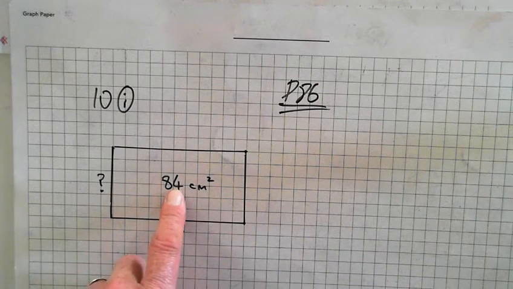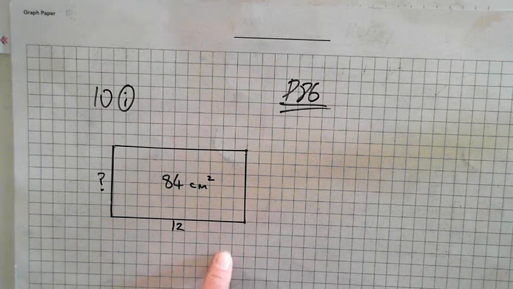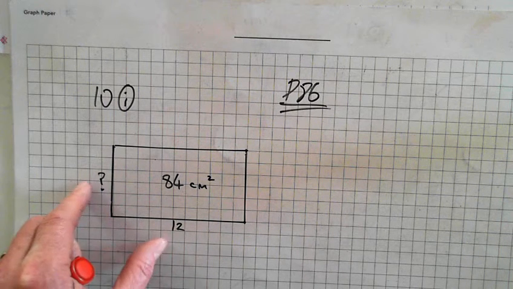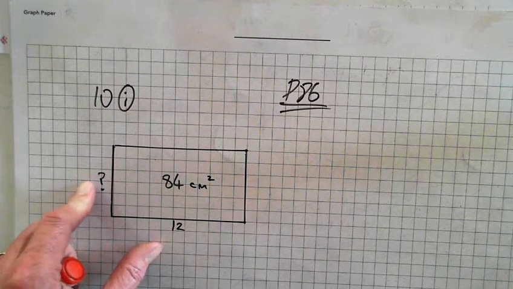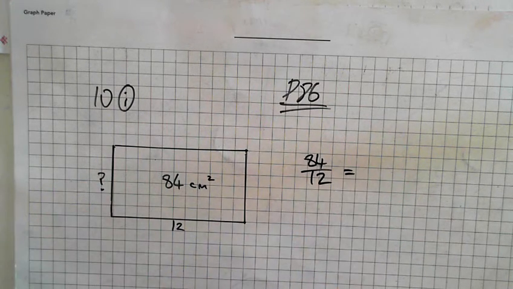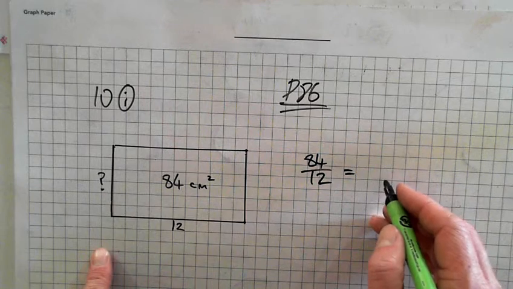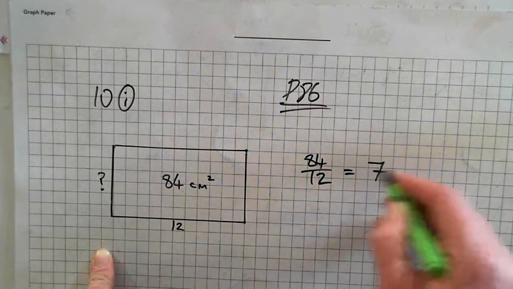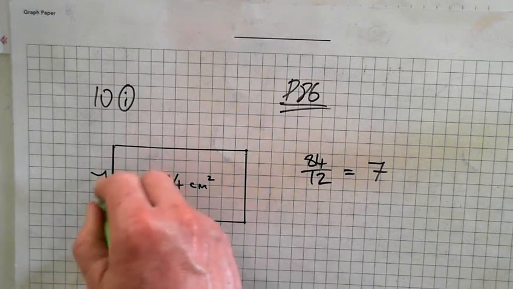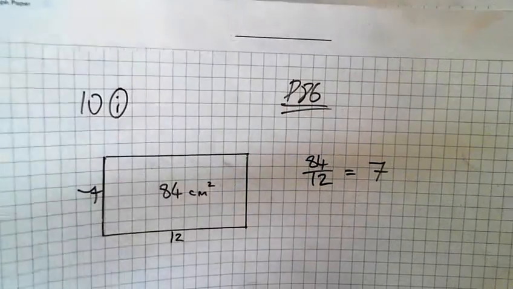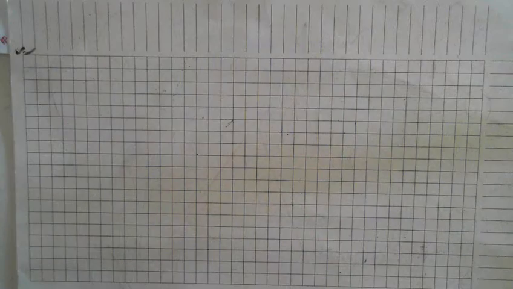If I have the area and I have the length, how do you get the other side? 84 divided by 12. 7. Sorry, I read it wrong. So I have to divide. So you'll do a question like that as well.